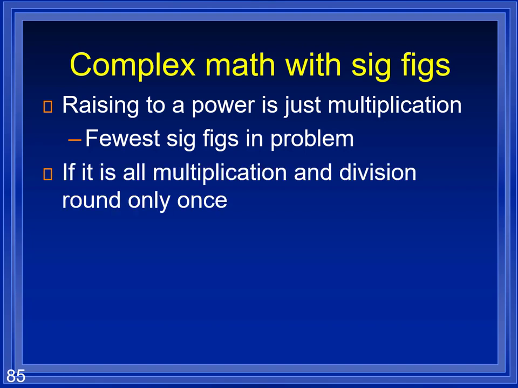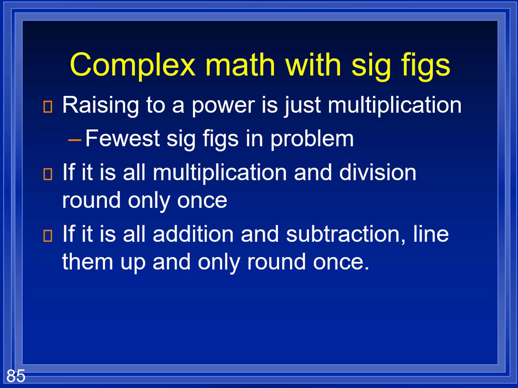If you've got 3 multiplications and then a division, those all follow the same rule, fewest sig figs. So you could round once at the very end. Type all the multiplication and division, get an answer on your calculator, round at the end.